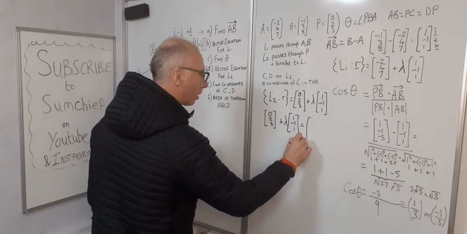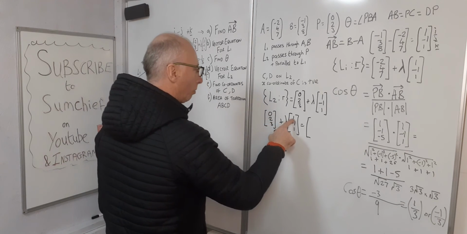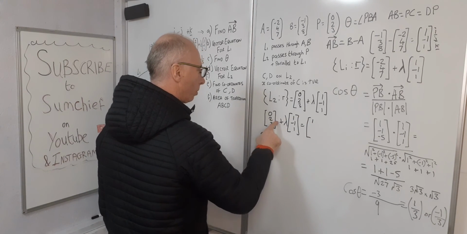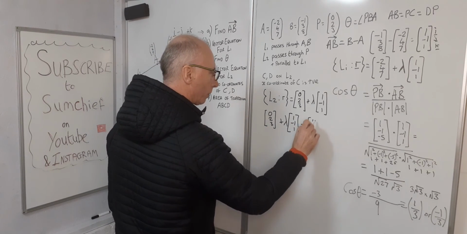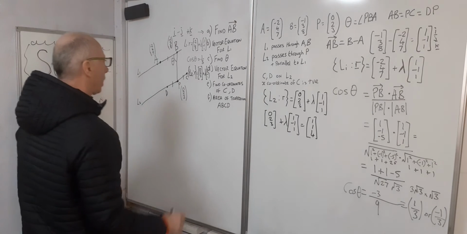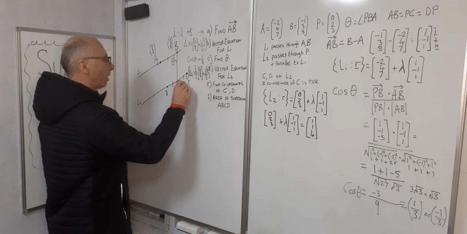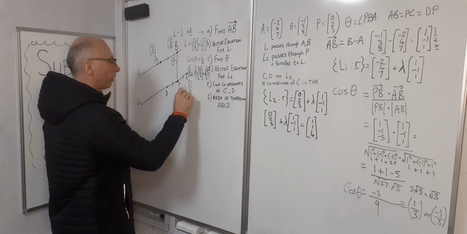That equals 0 plus 1 is 1, 2 plus minus 1 is 1, 3 plus 1 is 4. Okay, so we can say C is 1, 1 and 4.